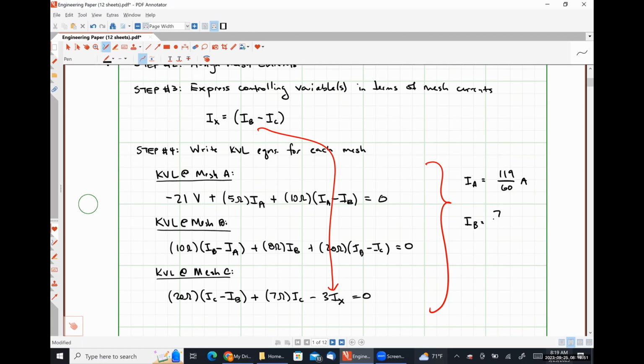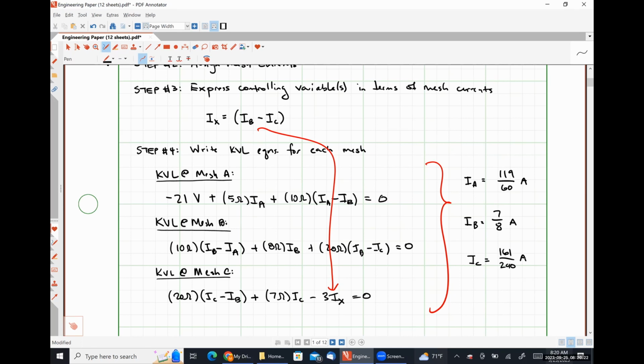IB is 7/8 of an amp, and IC is 161 over 240. So did anybody else get those numbers, or did I type stuff into my calculator poorly? I got a couple of people raising their hands, so let's assume that the math was correct.